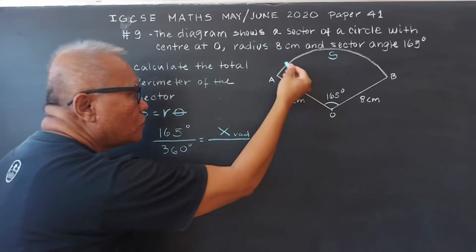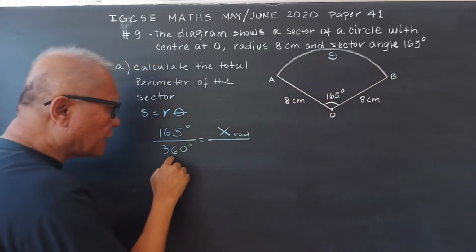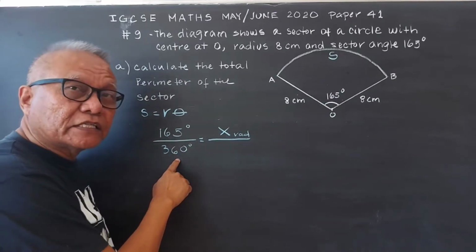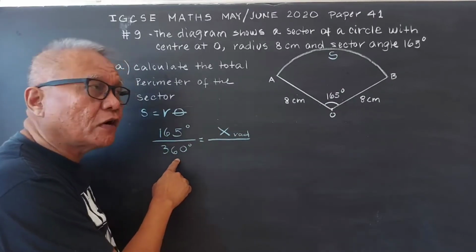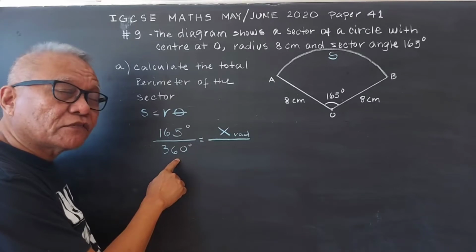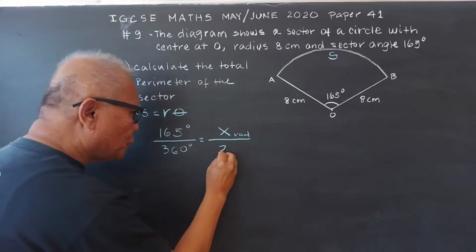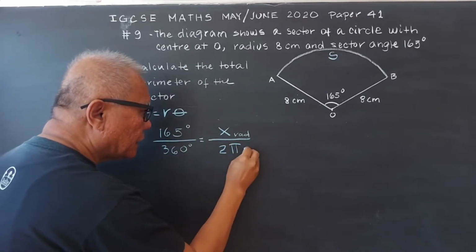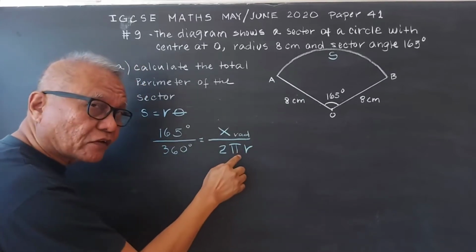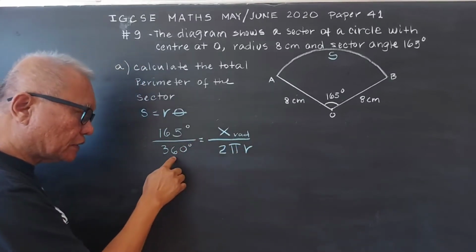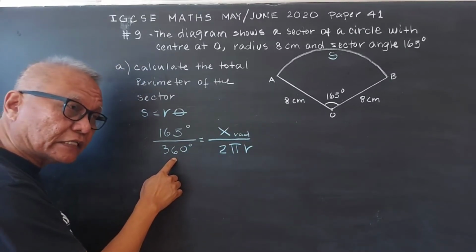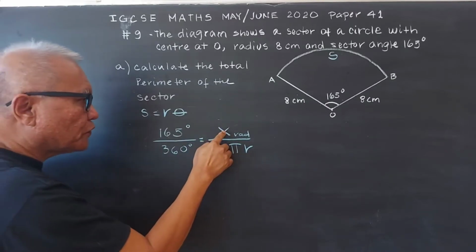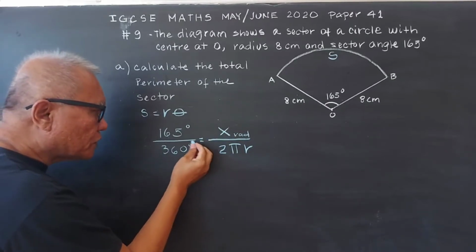And the whole circle, which is 360 degrees, is the circumference of our circle, in which the formula is 2 pi r. This one is the circumference also in degrees. So to compute for x, we just cross multiply.